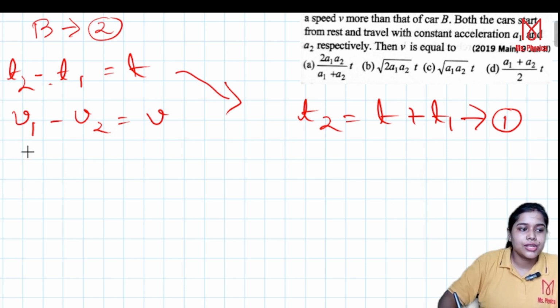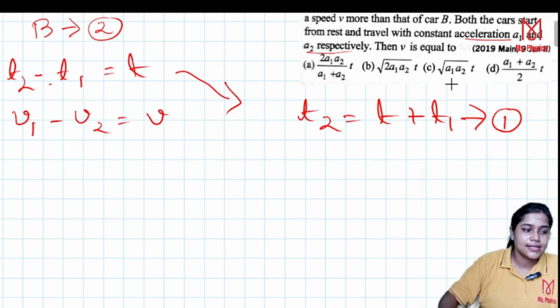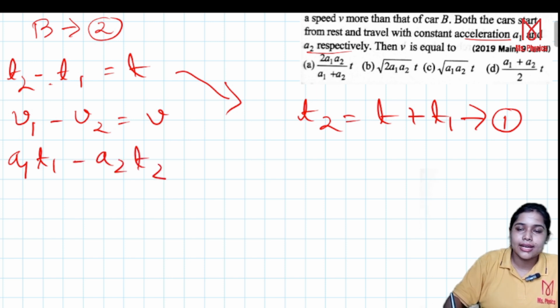Now you see, as we know that velocity is equal to acceleration into time, and it is given that the car starts from rest and travels with constant acceleration a1 and a2. That means acceleration is given, therefore a1 t1 minus a2 t2 is equal to v.